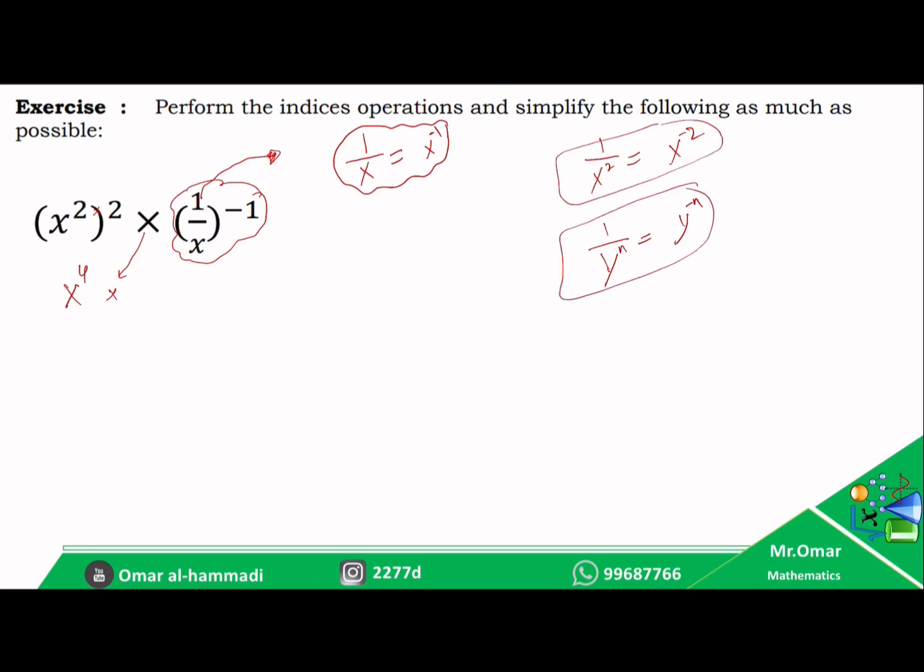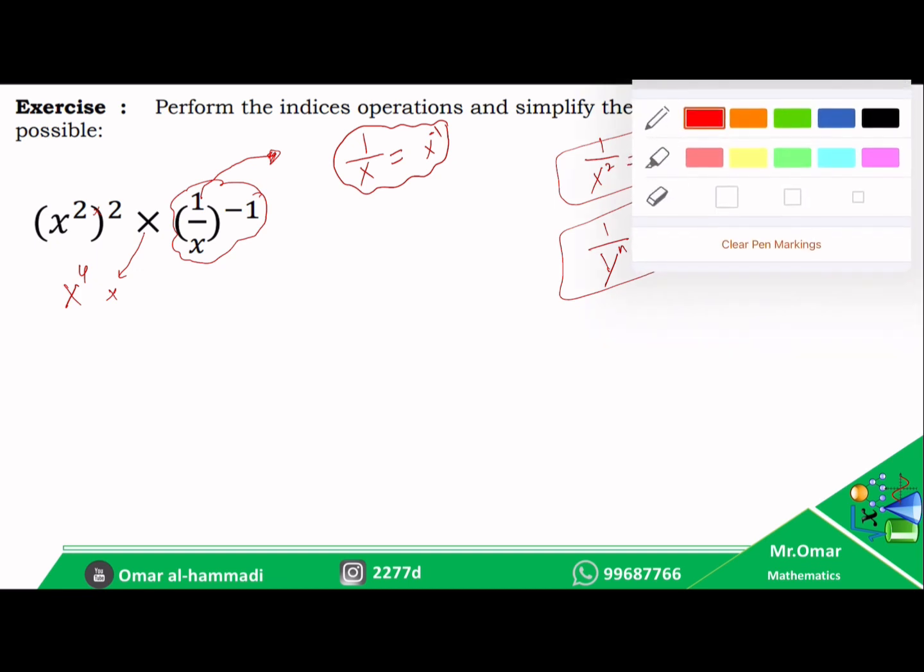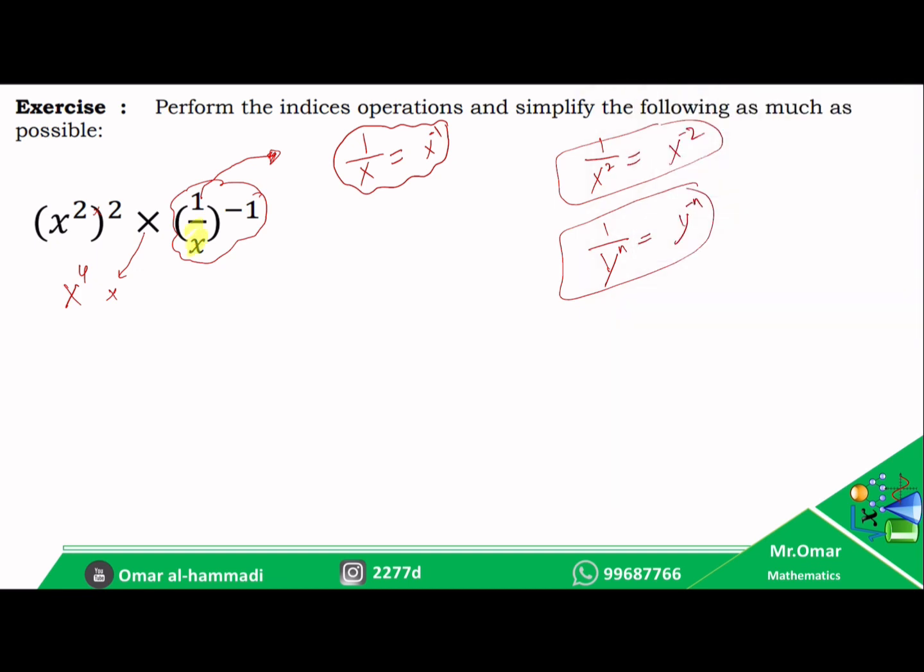So I guess we will change that one. That one we will change it to what? To x to the power minus 1. It will be easy for us to solve it. So I write x to the minus 1, all of this to the power minus 1. And now we have to apply the laws. When we have together minus 1 and minus 1, so multiply them.